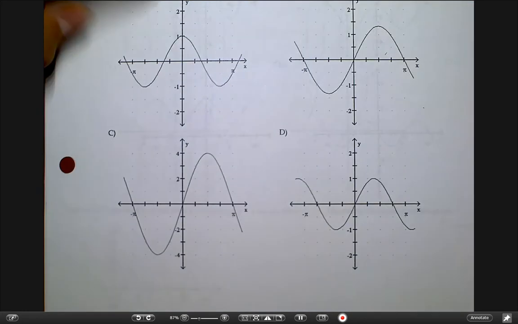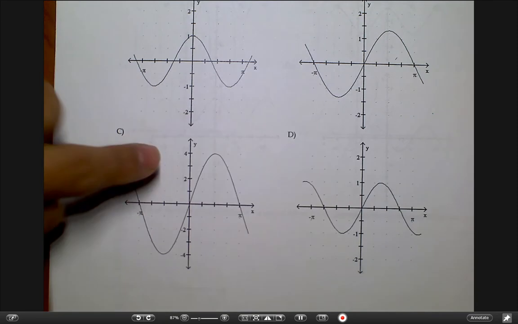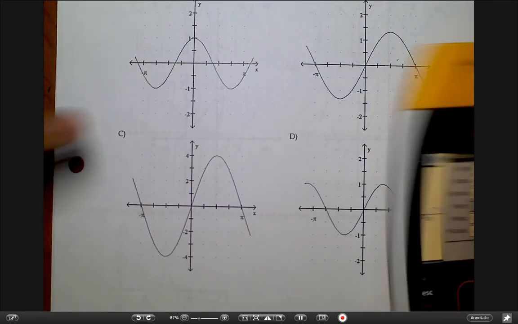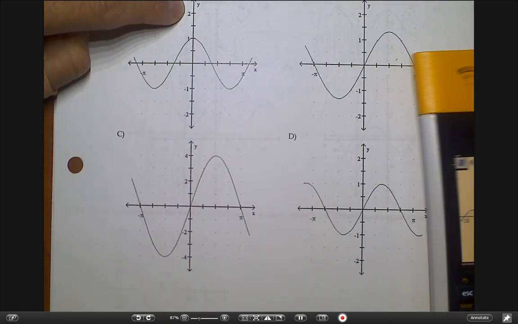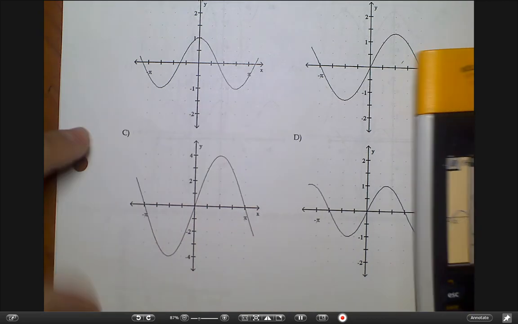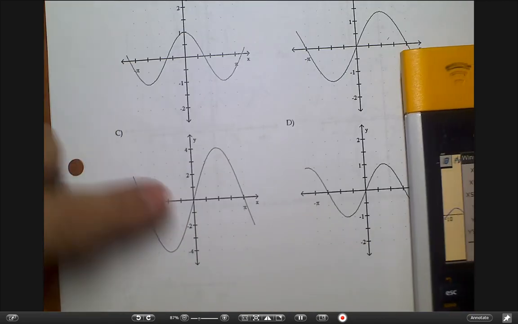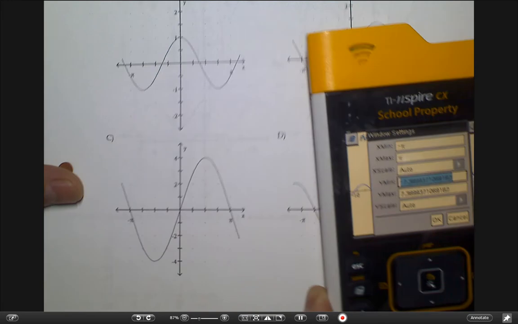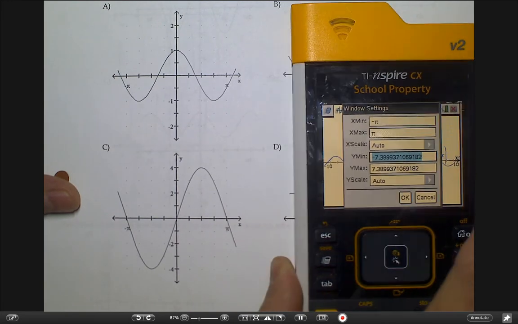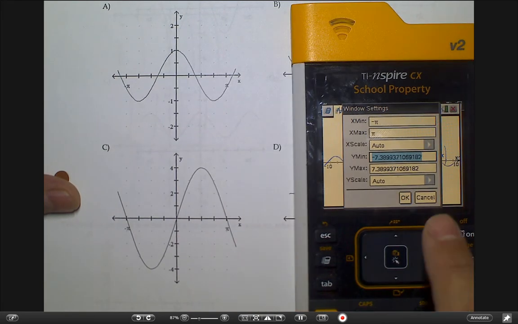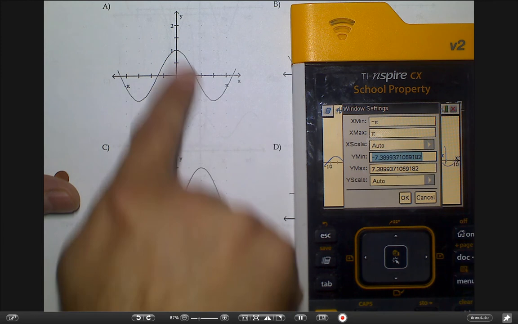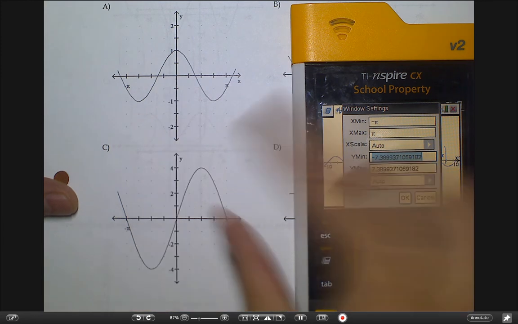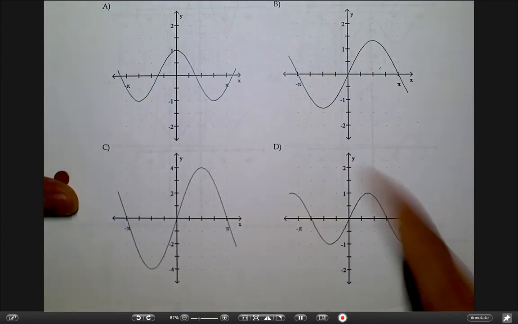So if you notice, 2, 2, 2, this one has 4. Okay, so let's try 2. I'm going to try 2 because most of them have 2. If my answer is 4, it would go way up above that, right? What did we put for the y max? I'm trying to show you right now. So, if you notice, these are 2s, 2s, 2s.